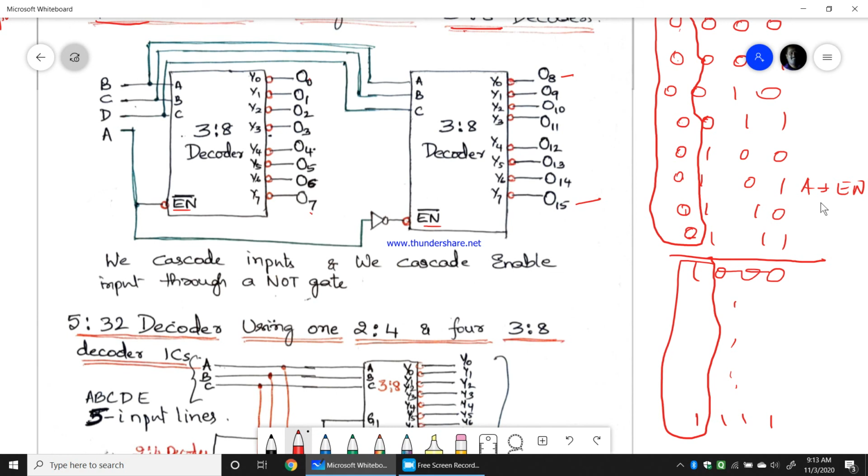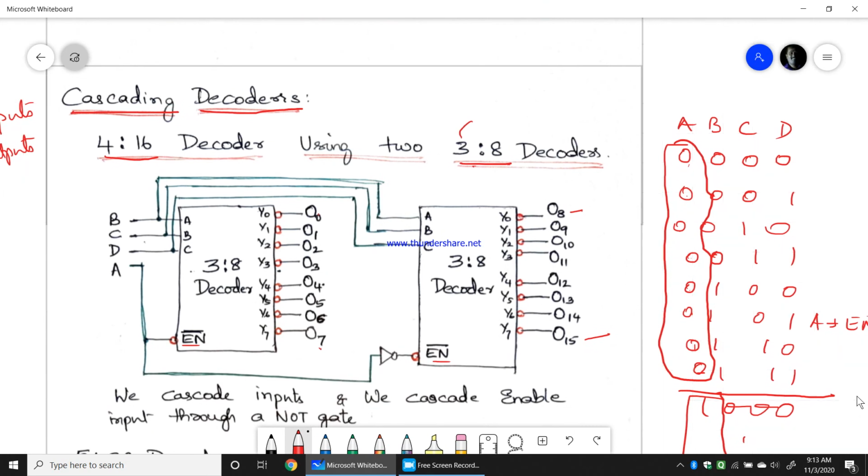See, when A is 0 for all 8 combinations, BCD changes from 0 0 0, 0 0 1, 0 1 0, 0 1 1, and so on, till 1 1 1. So these values will vary here, so that it keeps on selecting the respective outputs. Whereas A, used as the enable pin, is now one more input, where A remains 0 for the first 8 conditions.